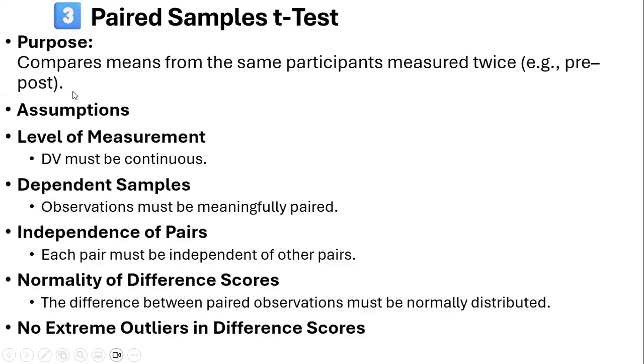And for HR practitioners, this is normally employed when, for instance, you want to verify whether a training workshop that you organize on the use of protective PPEs, personal protective equipment, has resulted in a reduction in accidents. Under such circumstances, at the pre-level, you will measure the number of accidents occurring within a month.